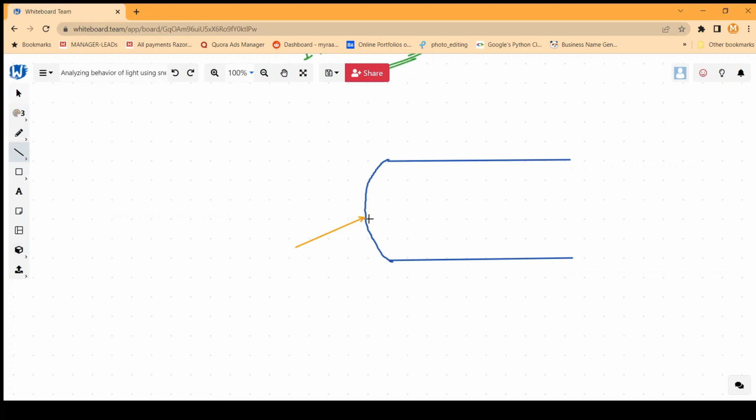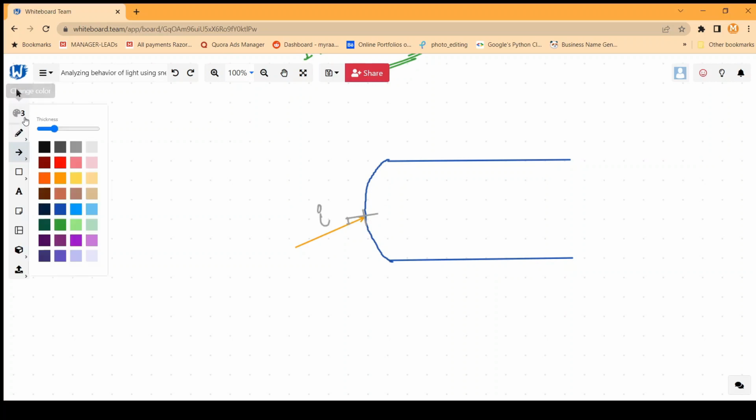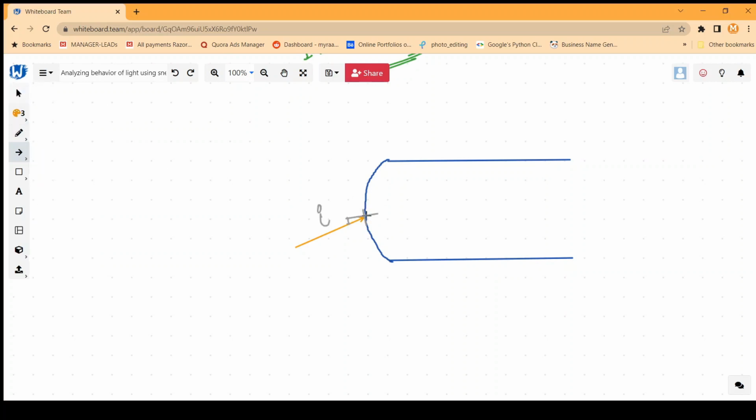So we are going to draw first a tangent here to the sphere and a perpendicular to that. Hopefully this is our normal. So the angle of incidence is going to be this angle here, I, and if there is no deviation from the path, we know the light ray is going to proceed in a straight line like this.